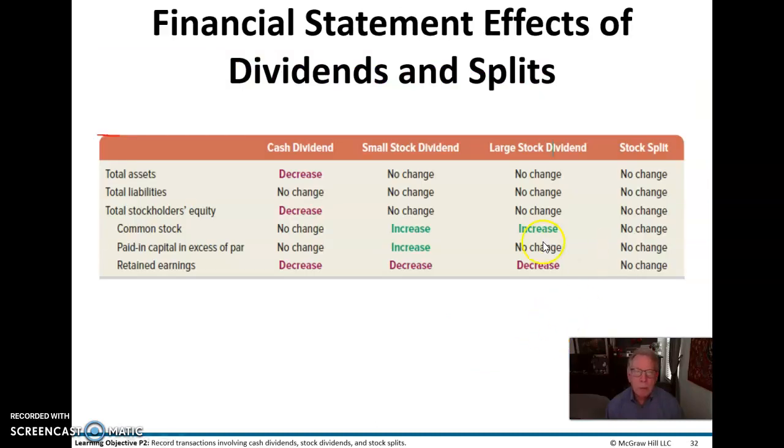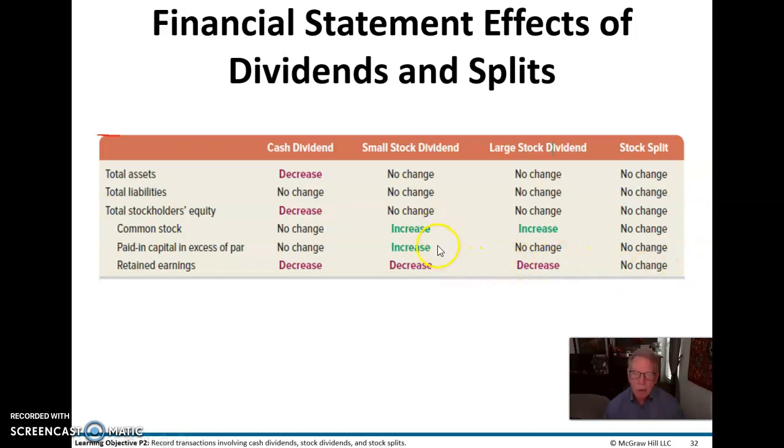So as we look at the effects of this, the cash dividend does decrease assets, cash in this case. It does decrease stockholders' equity because retained earnings is decreased. Small stock dividends in total have no effect. Large stock dividends in total have no effect, and stock splits have no effect.